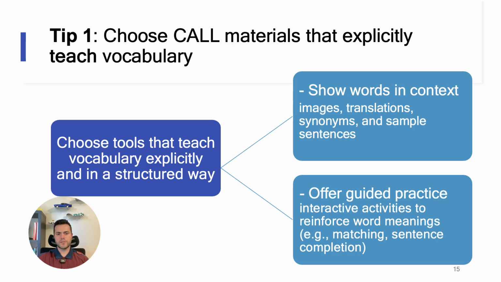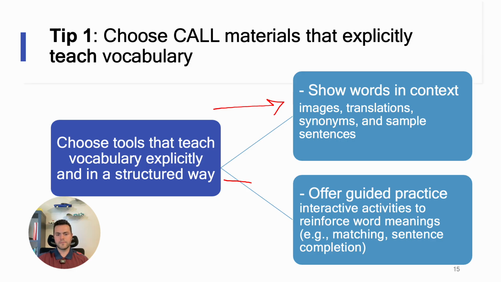Tip number 1, choose CAL tools or materials that explicitly teach vocabulary. When choosing CAL tools, make sure they don't just show words, but actually help learners engage with the words explicitly and in a structured way. And that includes showing words in context, using images, translations, synonyms, and sample sentences.